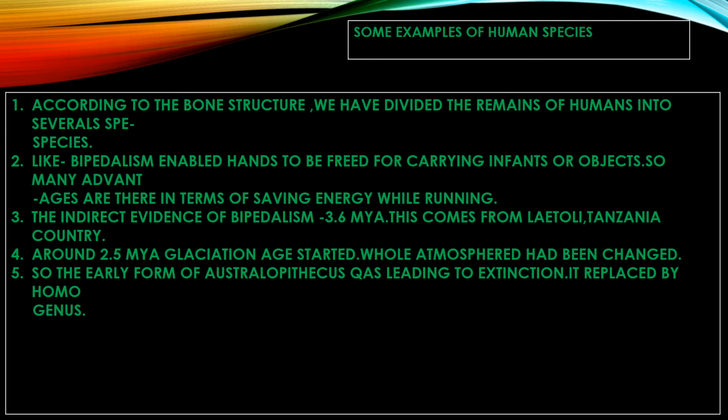Now the next point, some examples of the human species. According to the bone structures, we have divided the remains of the humans into several species. Because when you study the bone structure, definitely you can get proper identifications, and you can say about the human evolution process if you are able to do that. Like I'm talking about bipedalism, which started from the hominid species or genus.